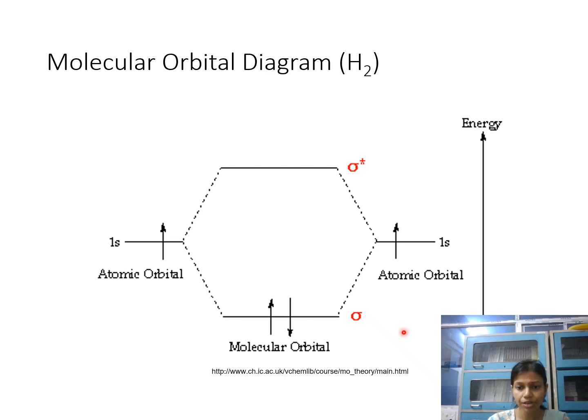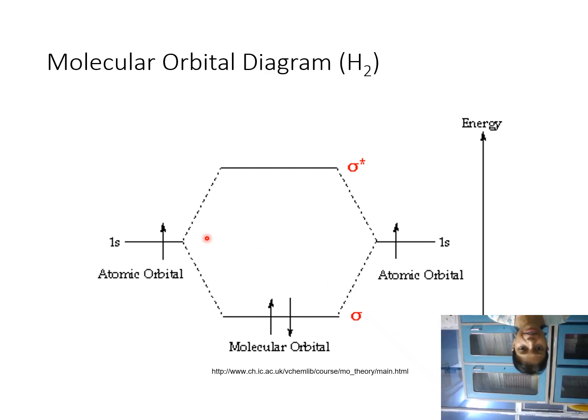So here, what we have already discussed, you can see. This is a molecular orbital diagram of the hydrogen molecule, the simplest one, which has only 1s orbitals. The bonding molecular orbital is lower in energy, and the antibonding molecular orbital has higher energy.